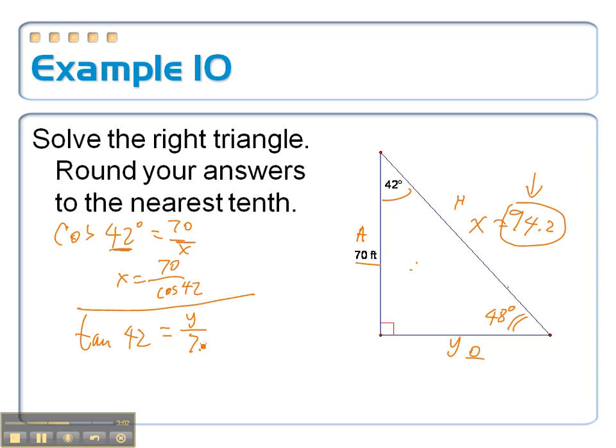When the number's on the bottom, just multiply it across. So y equals 70 times the tangent 42. It's about 63.0. Now again, this one is shorter than the hypotenuse, so that makes sense. Not only that, it's across from the smallest angle, so we know that it should be smaller than 70, so that also makes sense.